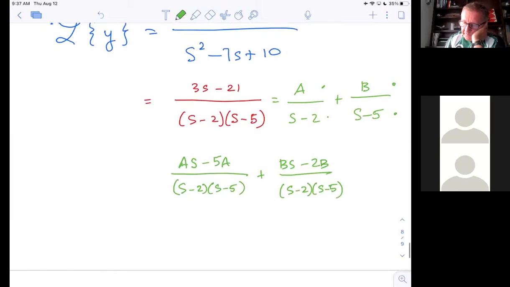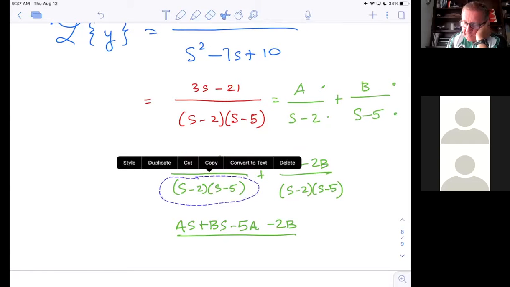So the question is then, if I add these, can I get them equal to that red fraction? Well, notice I have AS plus BS minus 5A minus 2B all over this denominator that I just discovered, because now I can add those together.